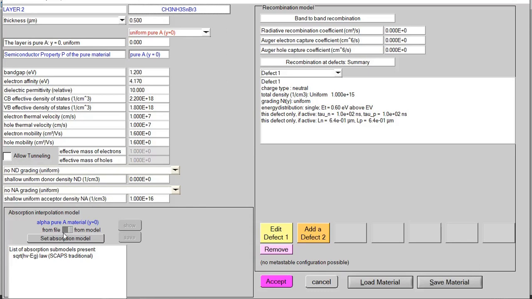It means I am going to insert my absorption internally or externally. If I am more interested in setting the absorption file externally, the most important thing is you need to have some data between absorption coefficient and the wavelength.